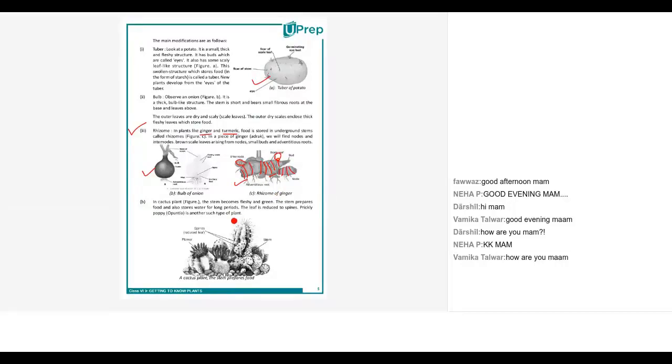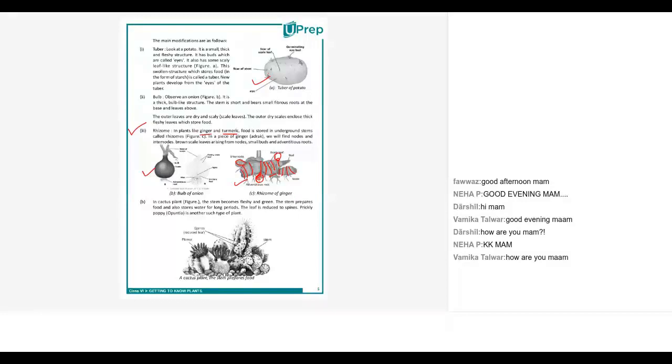Almost every node will have a small bud, and then it grows up to become an extension of the ginger. That is how ginger grows in all directions. Right? And they have adventitious roots. Turmeric also has adventitious roots. Yes, turmeric and ginger, both of them will have adventitious roots. That's a very common thing between them.